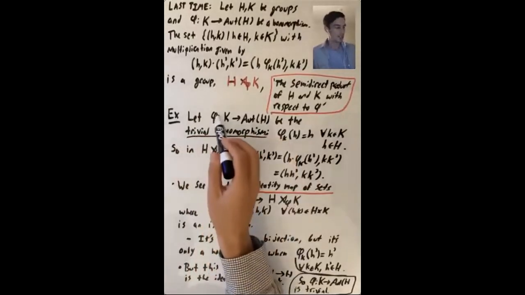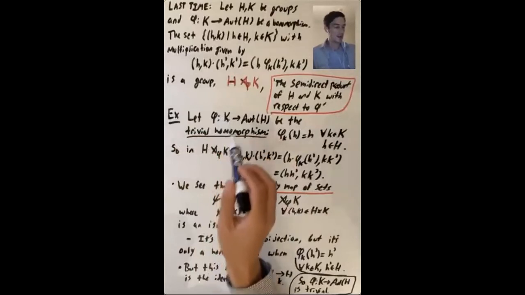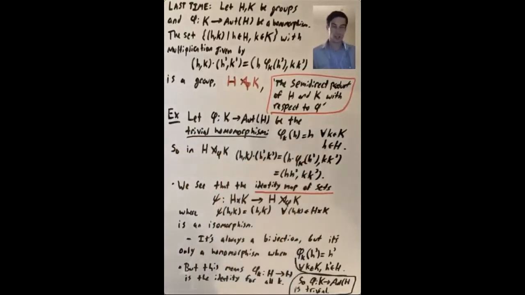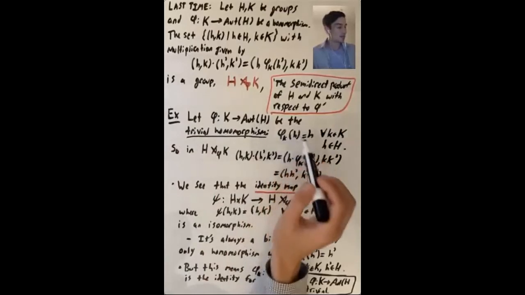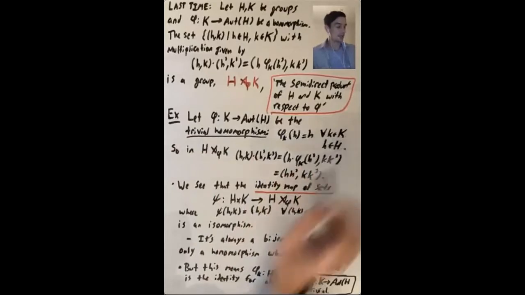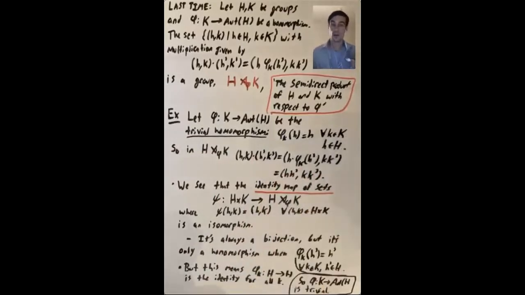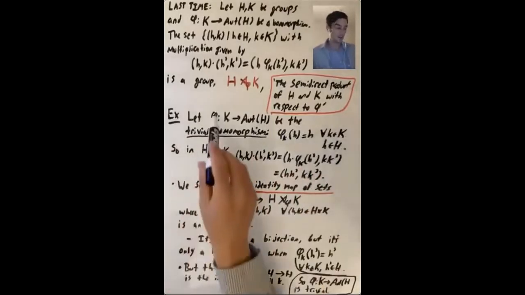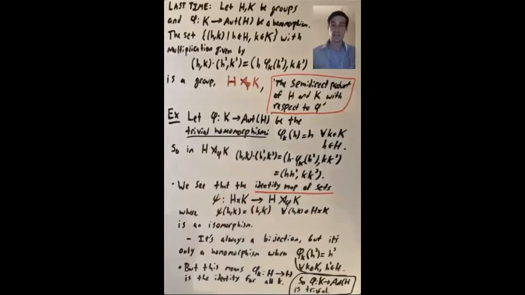For each little k in K, we get an automorphism of H. Let's always choose the identity automorphism. So phi_k of h is h for any k in the group K and any little h in the group H.